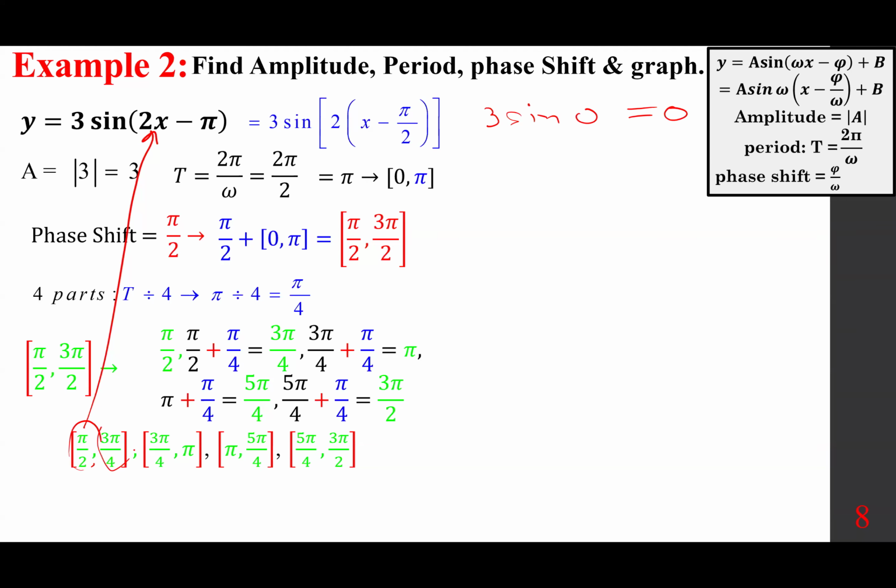Okay, if I put 3 pi over 4, I get 3 sine of 3 pi over 4 times 2, which is 6 pi over 4, minus pi. 6 pi over 4 is 3 pi over 2, and 3 pi over 2 minus pi is pi over 2. Sine of pi over 2 is 1, so you get 3.